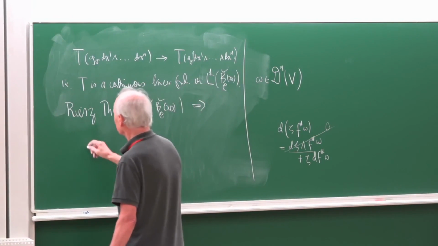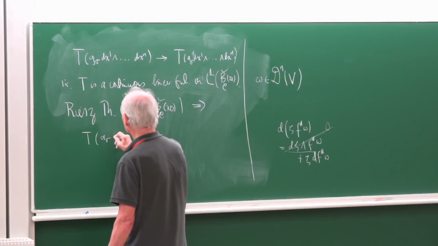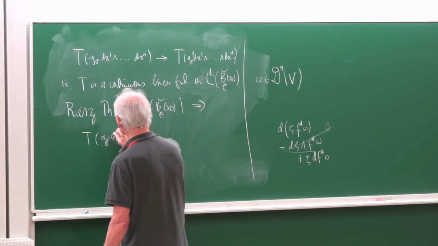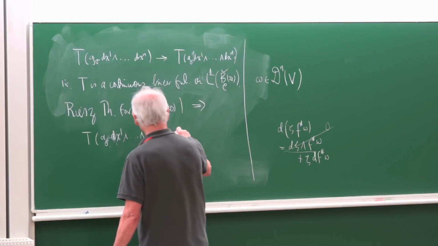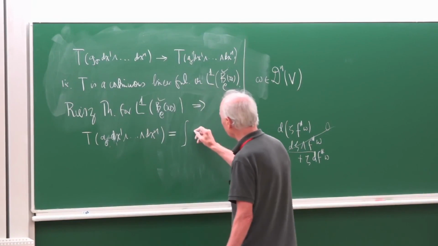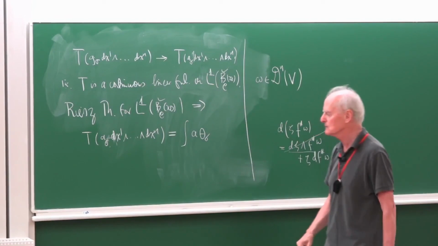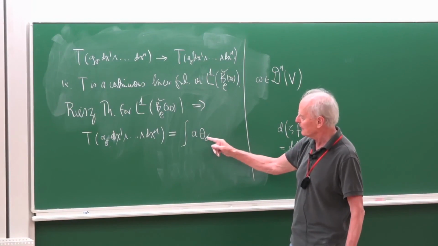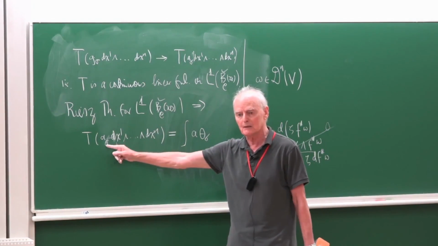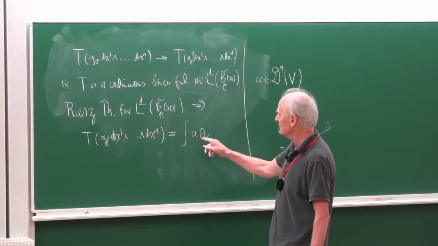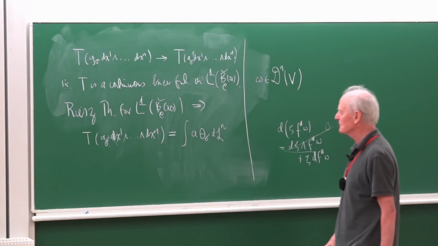It implies that this functional, A sigma dx1 wedge up to dxn, must be equal to A integrated against a function, theta sigma. Mustn't forget that whatever function we get from the Riesz theorem will depend on sigma. The Riesz theorem says there's a function that you get there, and that this is integration with respect to Ln.